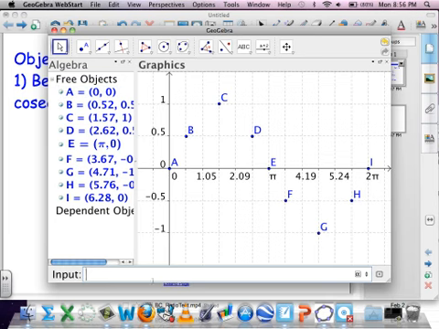All right, so in GeoGebra I have to do it like this. You don't have to do this, you can just draw a dotted line, but I have to do something special here.